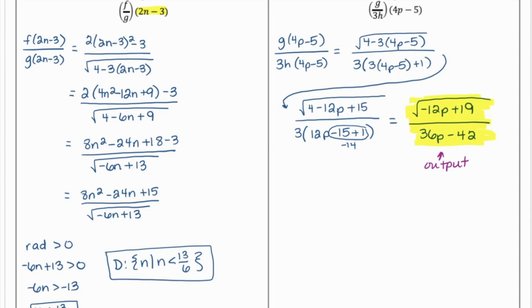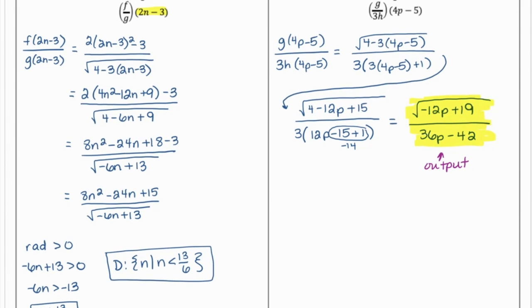After simplifying, combining like terms, distributing, and doing everything, I end up at an output where we have a square root at the top for my numerator, and I have a fraction.